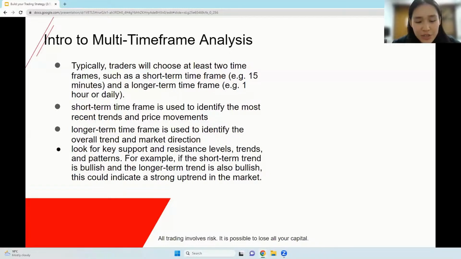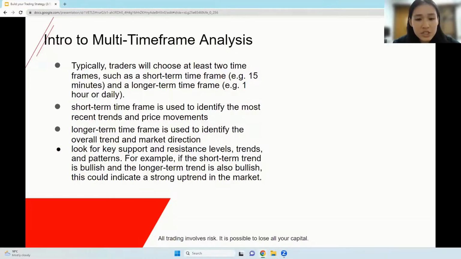I'll just do a really brief introduction to multi-timeframe analysis. We went through this last week in our previous webinar, which was on day trading, so I'm just going to briefly talk about it in this slide. Typically, traders will choose at least two timeframes, such as a shorter-term timeframe and a longer-term timeframe.